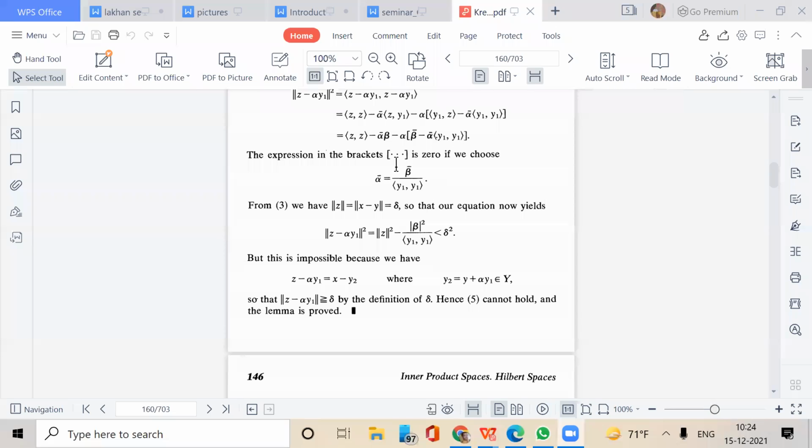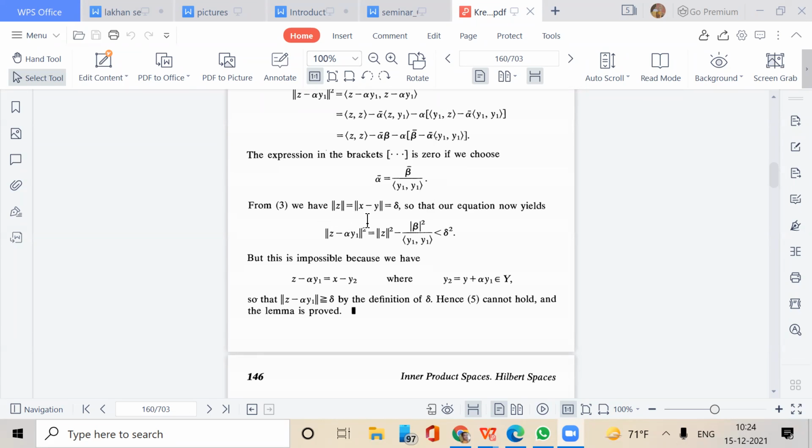Inner product of y1 comma y1 in numerator and denominator, so they become cancelled. So it remains beta bar minus beta bar equal to 0. So third term becomes 0.